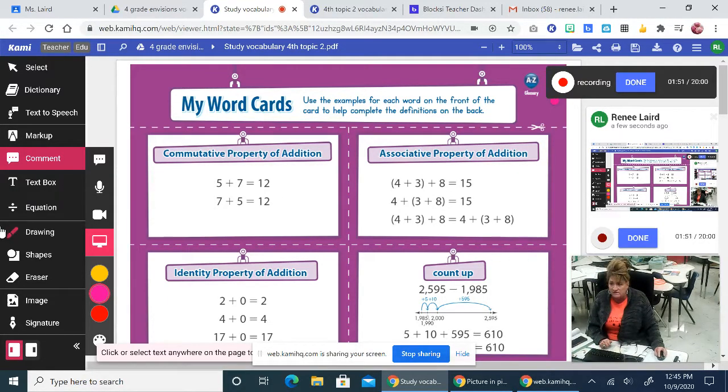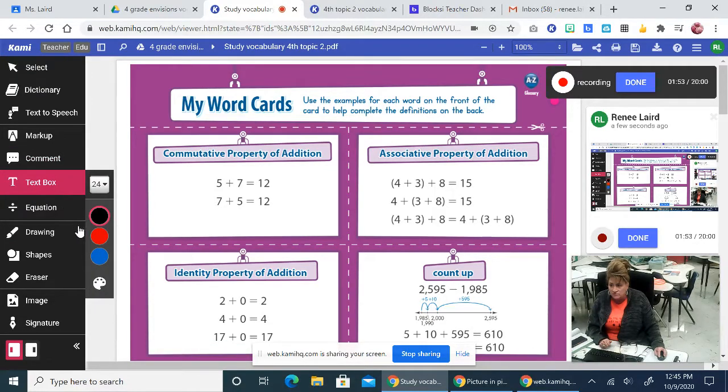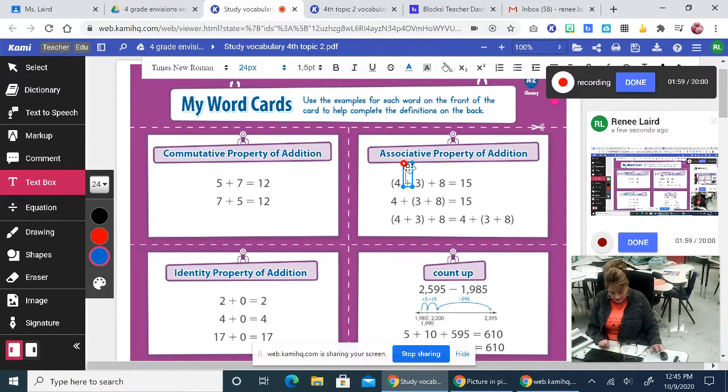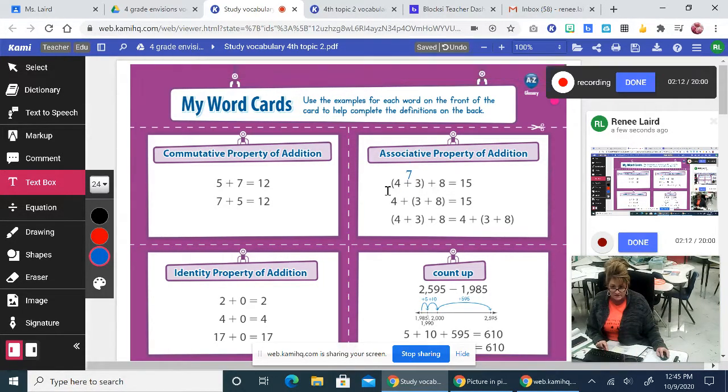So if you were solving this right here, we would put a text box and say that this is 7, because 4 plus 3 equals 7. Then we would say 4 plus 3, okay, then you would say 7 plus 8 equals 15, okay?